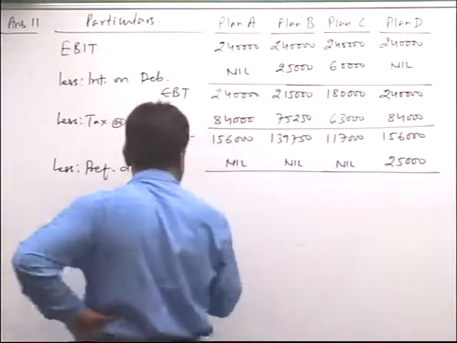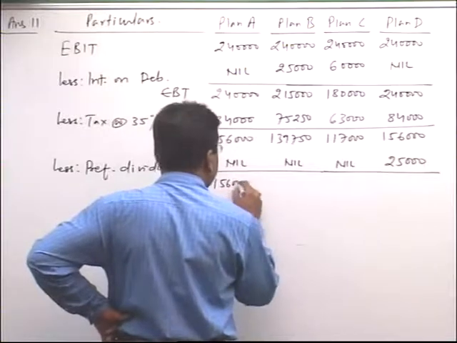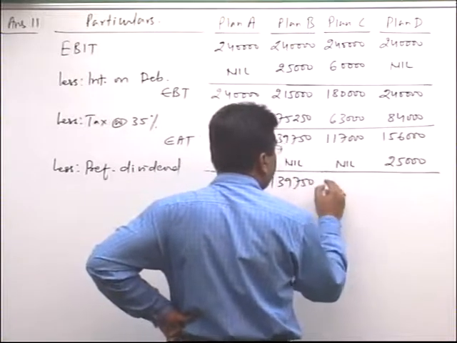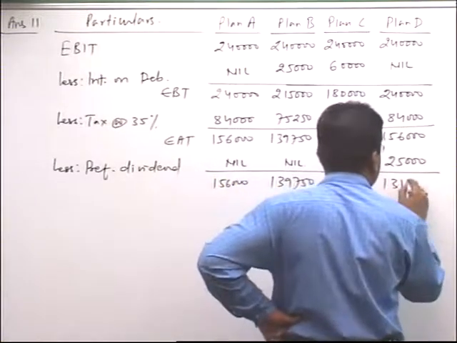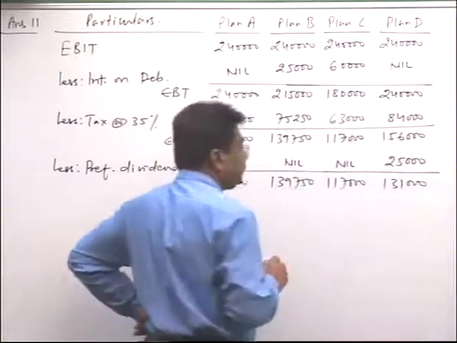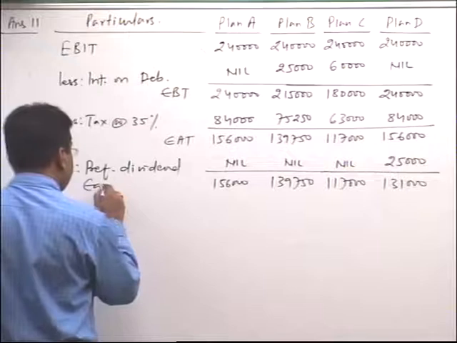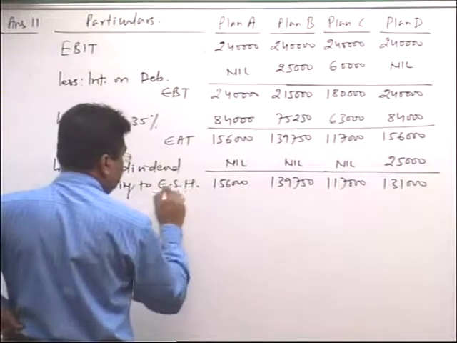Now deduct this, you will get earning available to equity shareholders. It is 1,56,000, 1,39,750, 1,17,000 and 1,31,000. So this is the earning to equity shareholders.